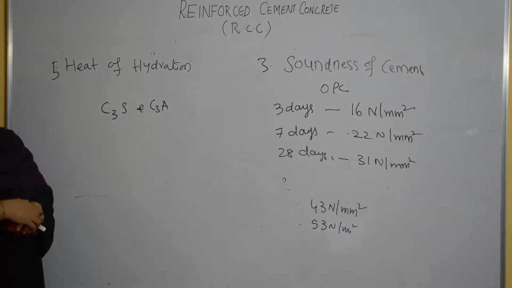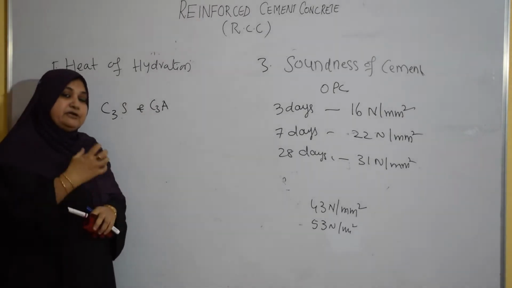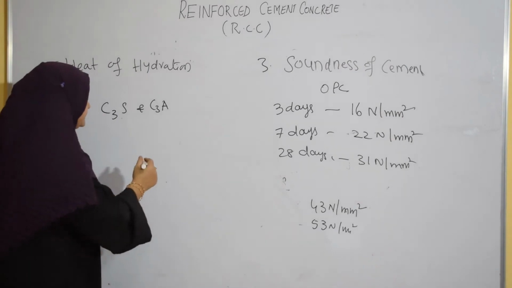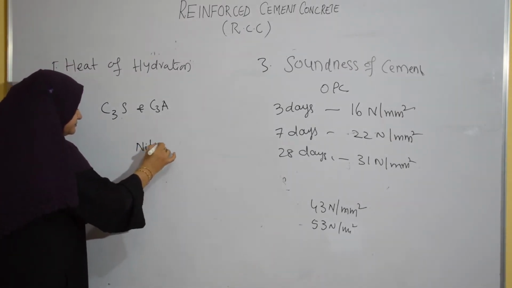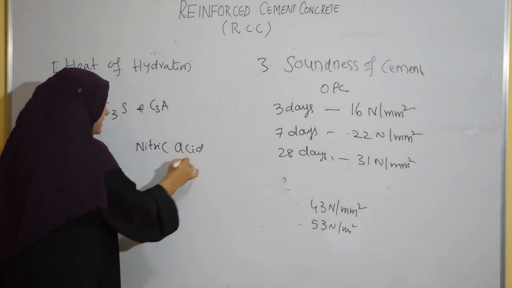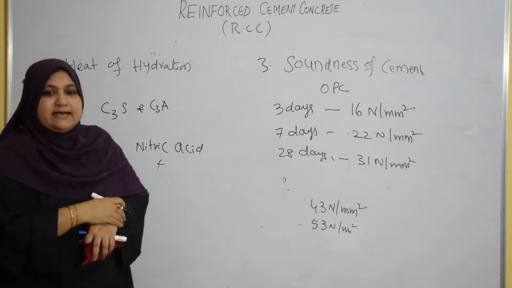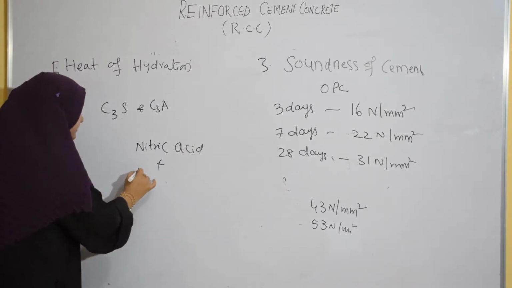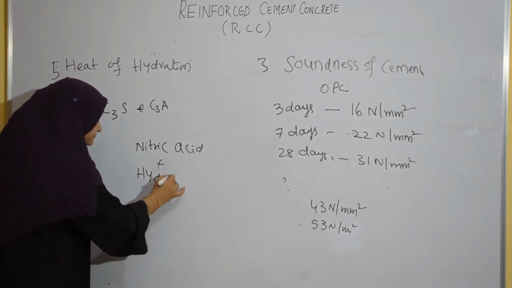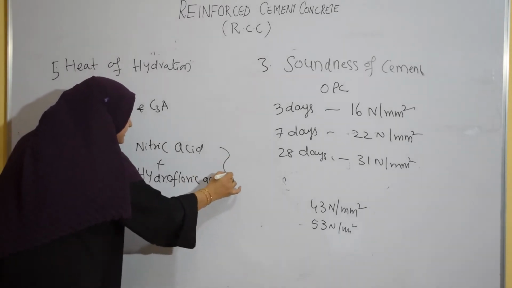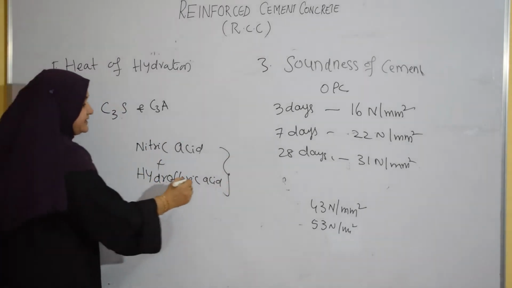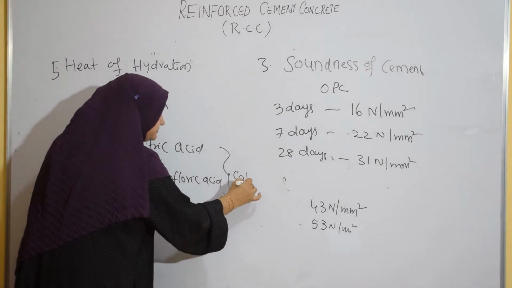Now for this heat of hydration, what we do is we dissolve cement in an acidic mixture of nitric acid and hydrofluoric acid. So this is a mixture of acids. In this mixture, cement is dissolved, and this is done in a calorimeter.